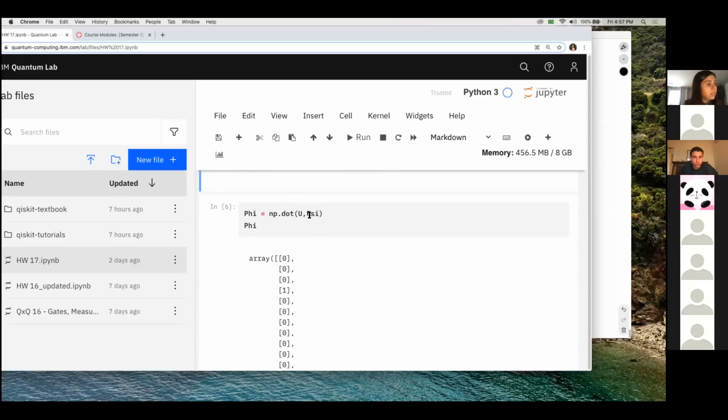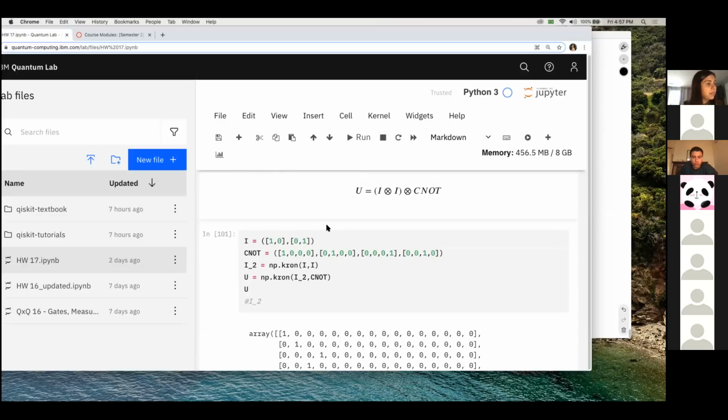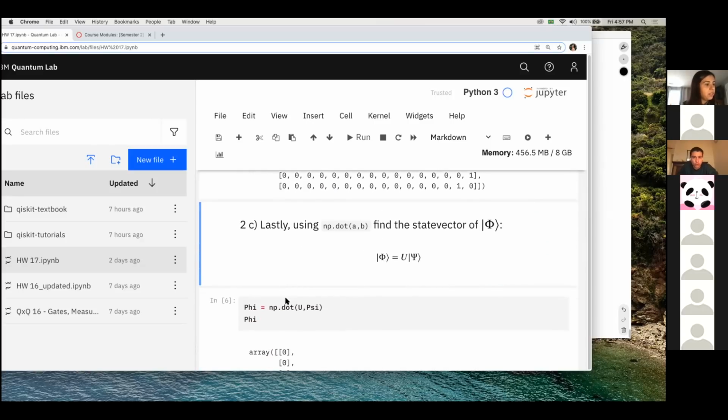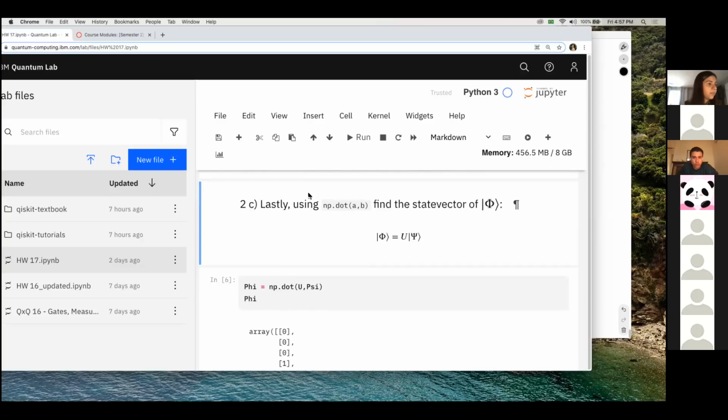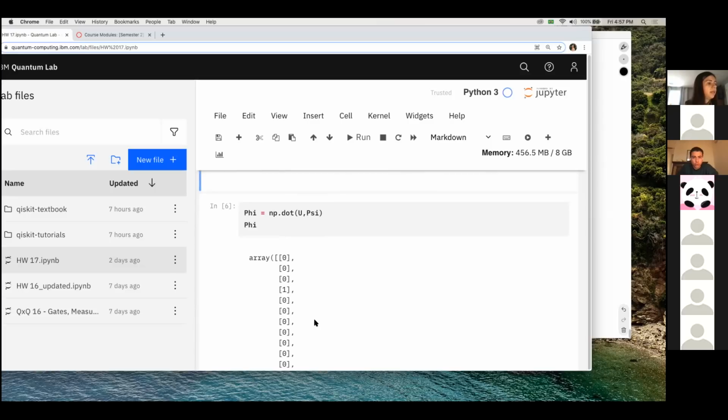The U matrix I also already defined here. So it's a very simple operation, just using the dot product with U and psi. And then we have our result. If we apply our 16 by 16 matrix to a 16 row vector, we have this result, this 16 by 1 matrix or vector. Okay.